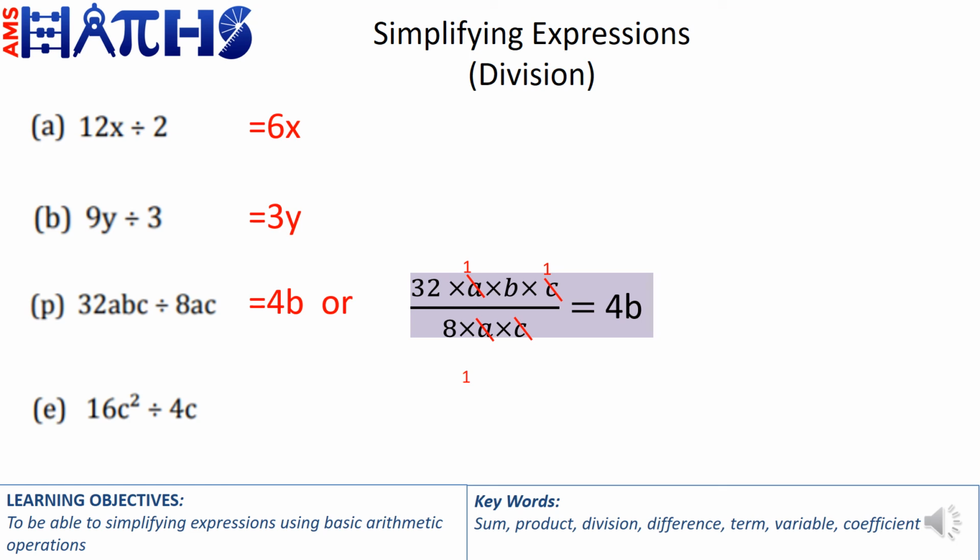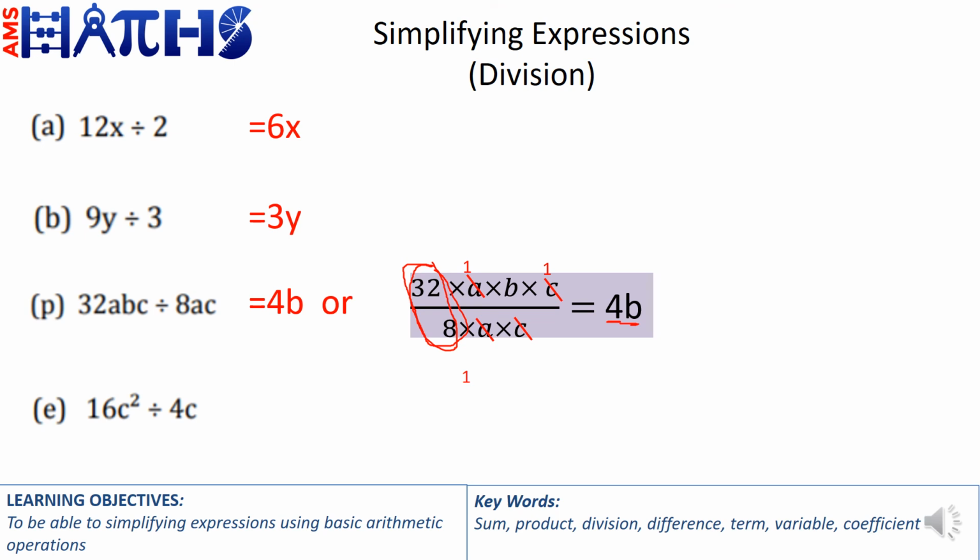And so we will divide the 32 by 8 to get 4. A divided by a would give us 1. And c divided by c will also give us 1. There's no b in the denominator to divide this b, so it remains the same. So we're really left with 4 from this division here, 32 divided by 8, and 1b. So it's 4 times b, which is 4b.